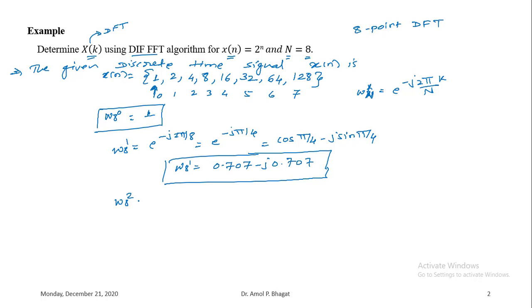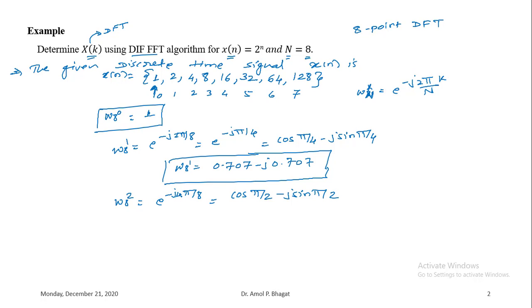Similarly, W8 2 will be e to the power minus j, k value is 2 in this case, right? So 2 multiplied by 2 will be 4, so it will be 4 pi by 8, so it will be cos pi by 2 minus j sin pi by 2.